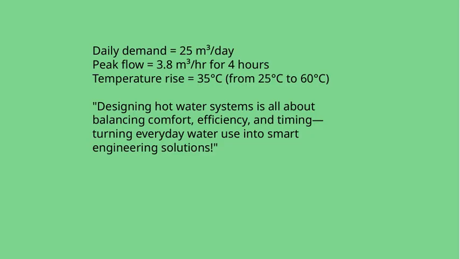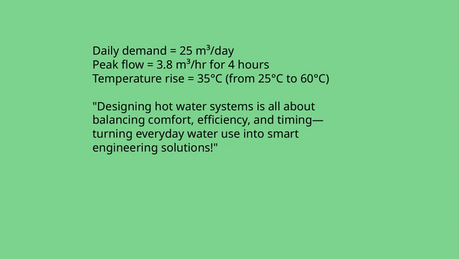Another key point is the temperature rise. We're looking at an increase from 25 degrees C to 60 degrees C, which is a 35 degrees C rise. This temperature change is crucial because it impacts the size and capacity of the heating equipment we select, as well as energy efficiency. All these factors, demand, peak flow, and temperature rise, are interconnected.